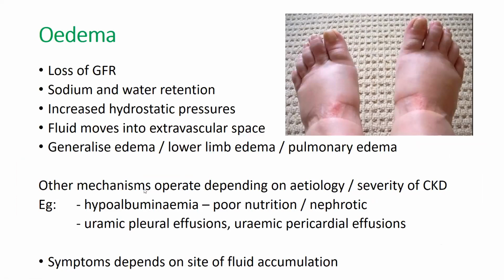There could be other mechanisms where these patients can be malnourished. This can lead to hypoalbuminemia, and also these patients can be uremic because your uremic toxins are going to accumulate, and that can result in pleural effusions, pericardial effusions. So all these can contribute to edema and fluid accumulation in patients with CKD.